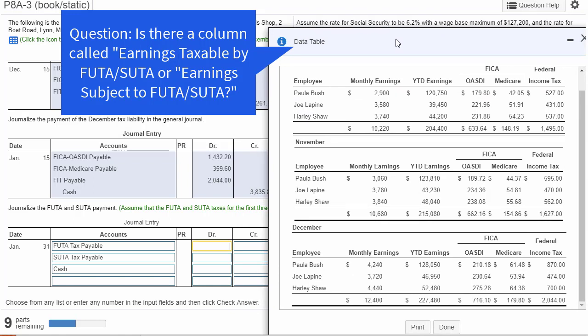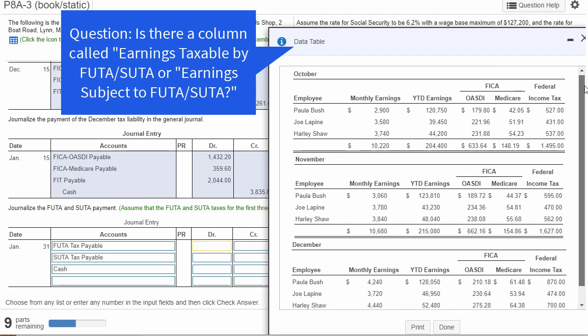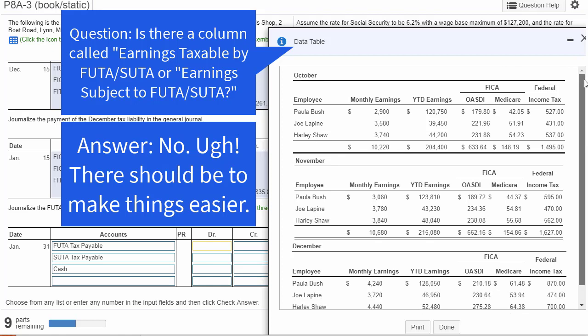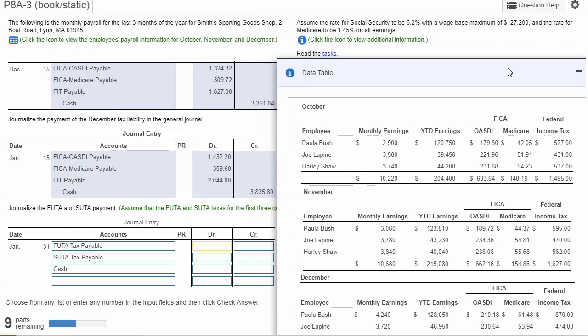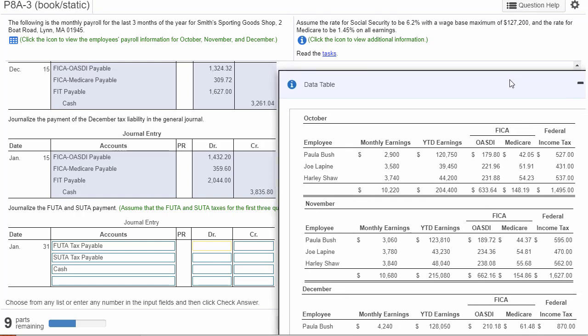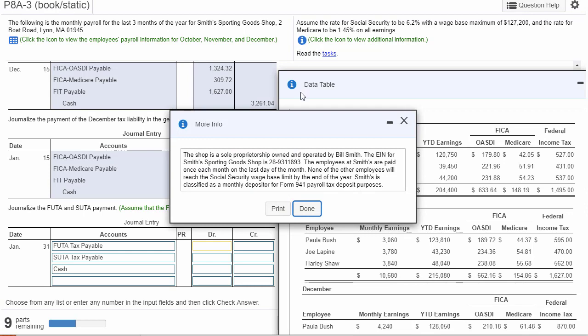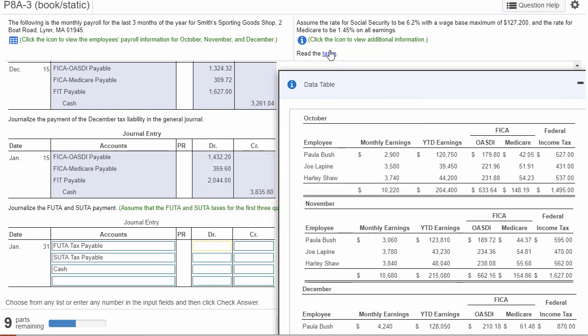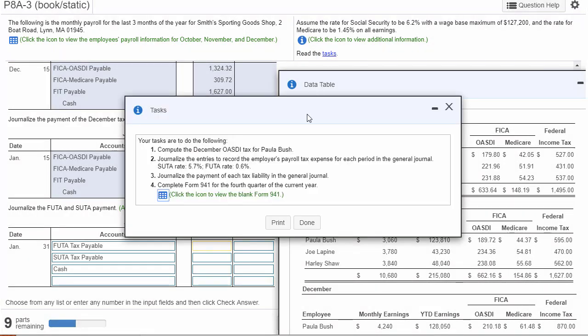So now, let's go to our tables and see if they have a nice handy-dandy SUTA taxable and a FUTA taxable column. Do they? No. They should. That would have been nice. It would have made things easier. So let's review how much of FUTA and SUTA is taxable. I believe it's in here.